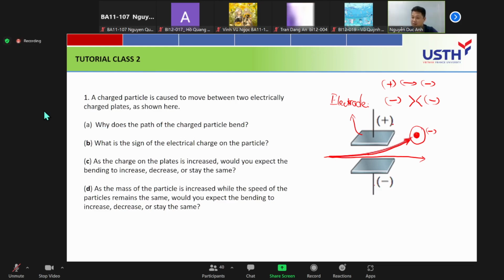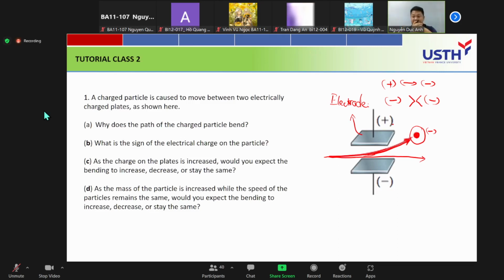The negative electrode doesn't like the particle because they have the same charge, so the particle is repelled to go farther from this electrode, and it has to bend this way. By that, you also answer B: the sign of the electric charge of the particle is negative.